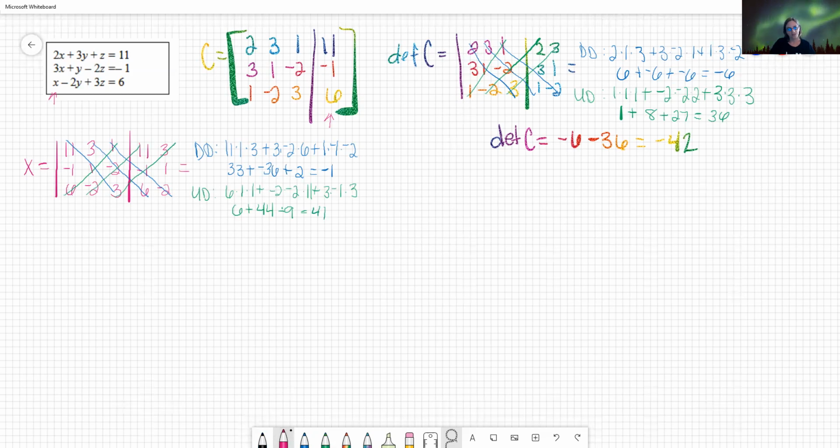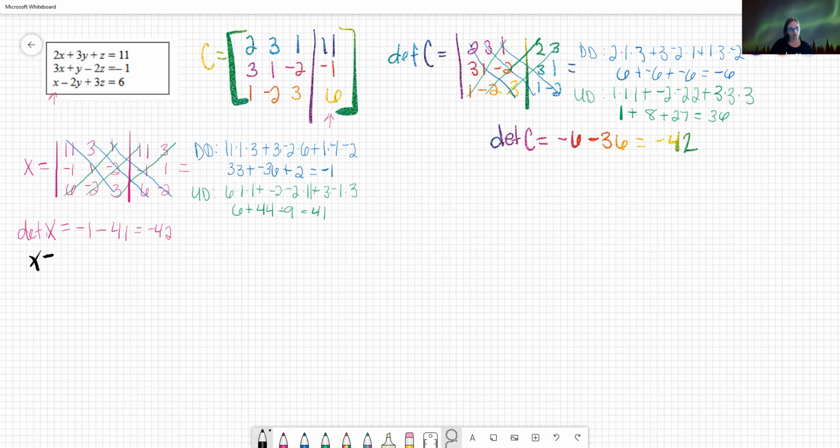I'm going to use this to find the actual determinant of x, which is going to be -1 minus 41. If I take -1 minus 41, I get -42. Now I'm going to use that and the determinant of C to find the actual value of x.